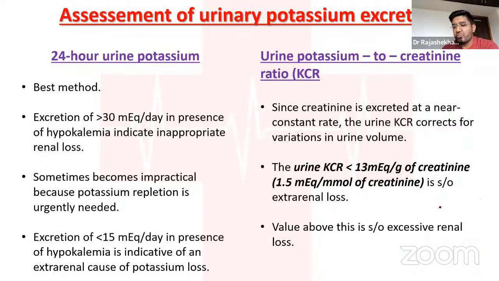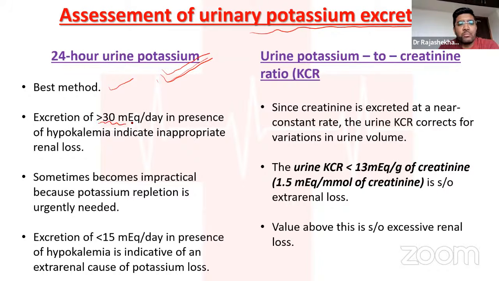To know whether the potassium is being wasted from the kidney or from another site, you need to measure the amount of potassium being excreted in the urine. This can be done by the 24-hour urine potassium measurement: ask the patient to collect urine for 24 hours, then measure the potassium in it. This is actually the best method to measure how much potassium is being lost.